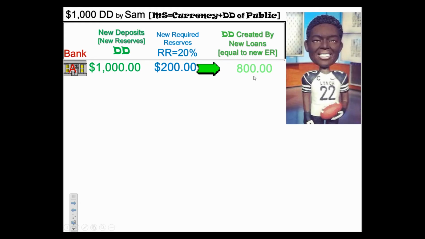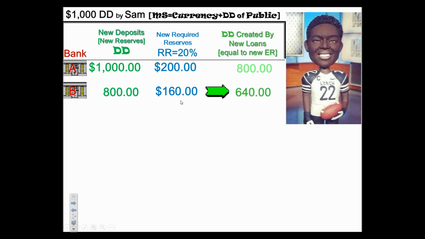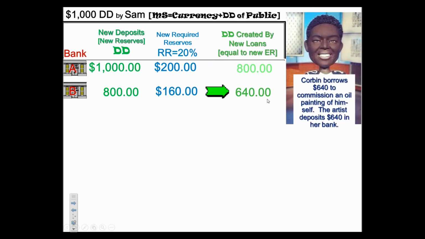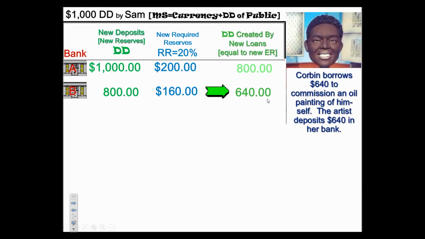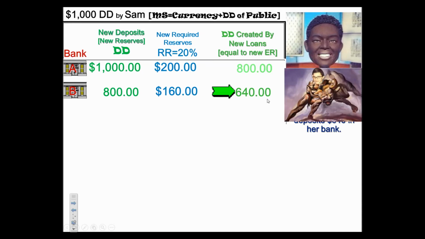Now, that $800 comes over here as a new deposit. 20% of that $800 has to be set aside. The other $640 can be loaned out. My friend Corbin borrows the $640 so that he can commission an oil painting of himself. The artist will deposit that $640 in her bank.